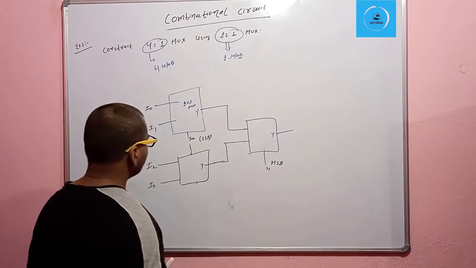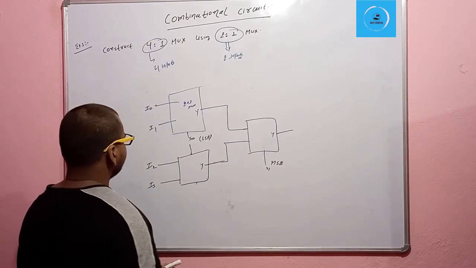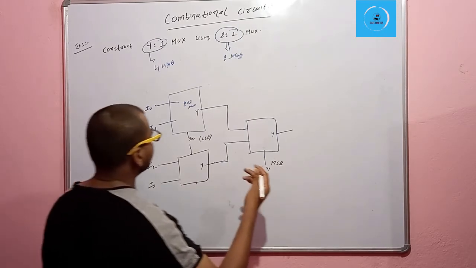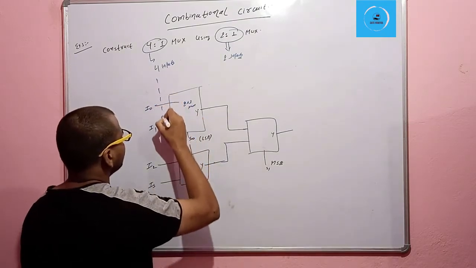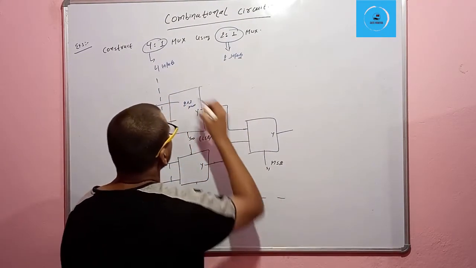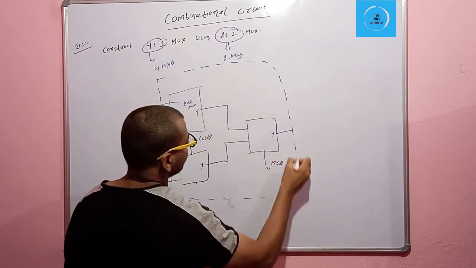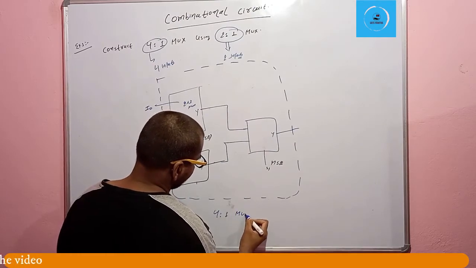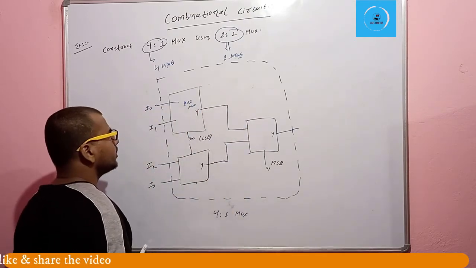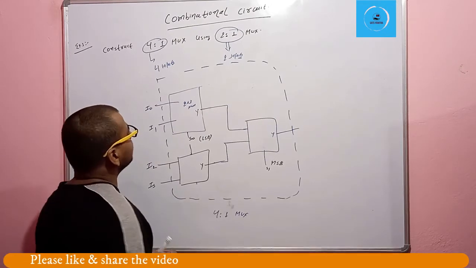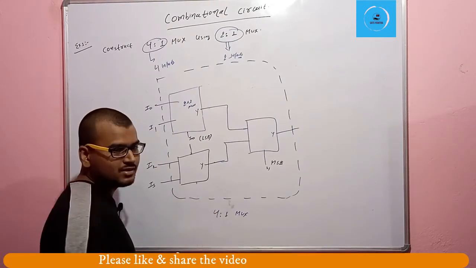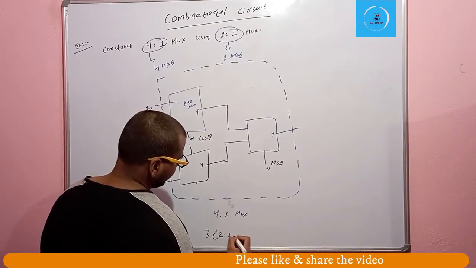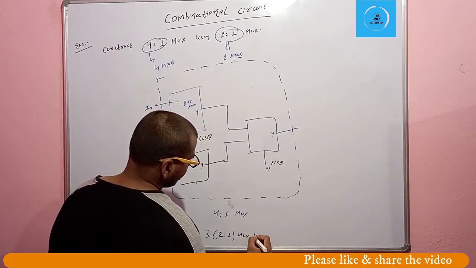So for this representation we can say that this is the 4 to 1 mux using the 2 to 1 mux. So how many muxes do we need to construct a 4 to 1 mux using 2 to 1 muxes? Total 3 muxes, 2 to 1 muxes required.